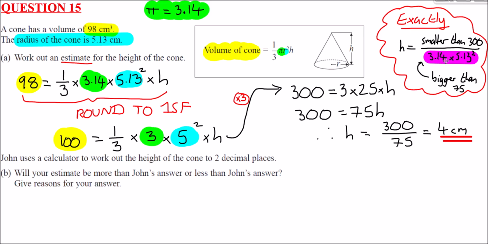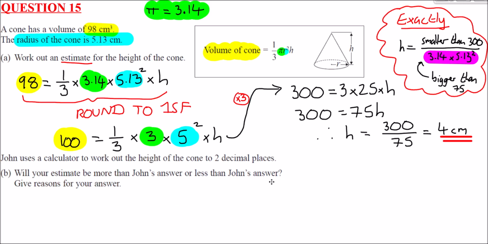The exact is bigger. So the fraction we've used has got an inflated top number, and we're dividing it by something smaller. So our answer is going to be bigger, okay? Because if a fraction has a bigger top and a smaller bottom, that makes the fraction bigger overall.